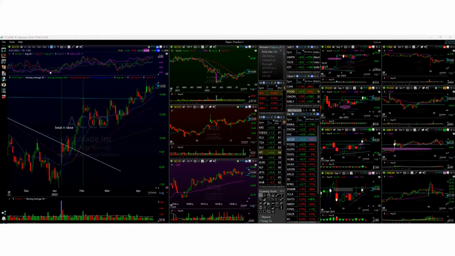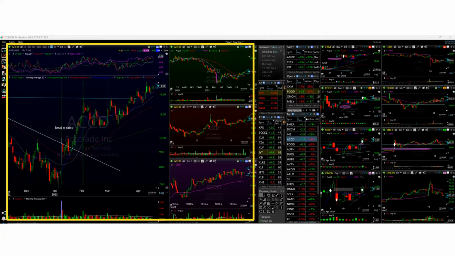Okay, so quick run through of the way I have laid out my TC2000. I have an ultra-wide monitor on which I put my TC2000, and it's basically divided into 4 sections. The first section is where I view multiple timeframes of the same one stock.